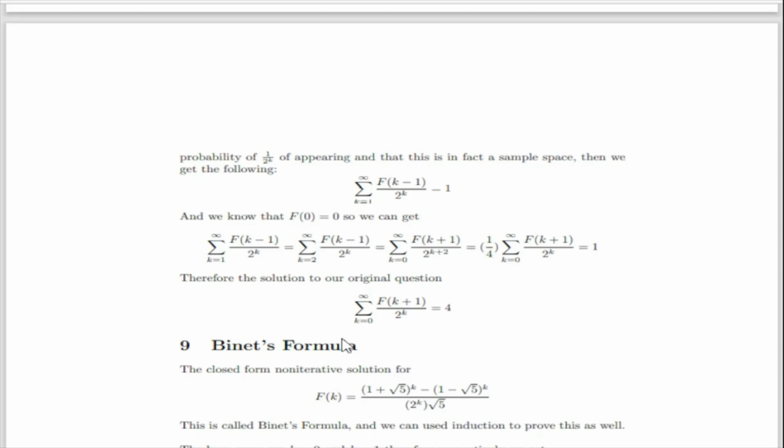So we get the sum from k equals 2 to infinity of f of k minus 1 over 2 to the k, which is the same thing by substitution of variables of k equals 0 to infinity of f of k plus 1 over 2 to the k plus 2, which we can pull out a 2 to the 2 from the denominator to get 1/4 times the sum we were originally looking for equals 1. Therefore, we can multiply 4 to both sides to get the solution to our original equation, which is 4.